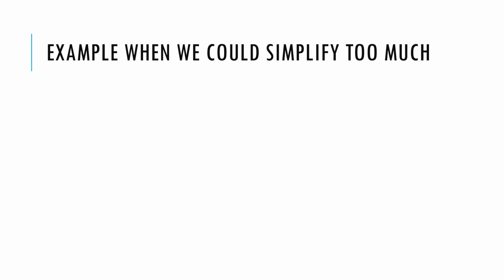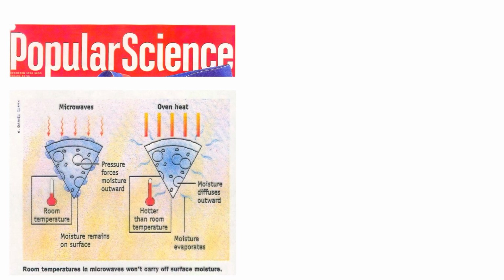So that was to make the point as simple as possible. Now I will try to show an example when we simplified too much. To give you a little background, here is a problem in my early career where we were looking at why pizza, when heated in a conventional hot air oven, the crust stays crispy. But when heated in a microwave oven, why does the crust get soggy?